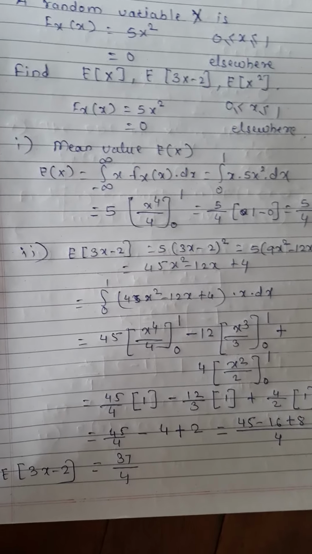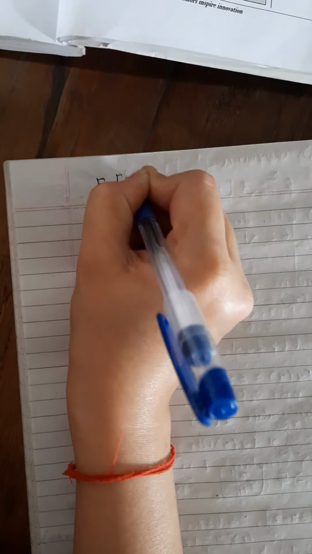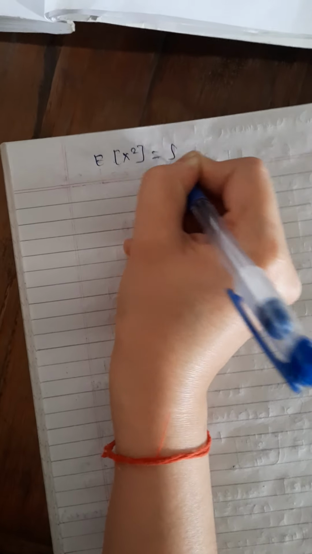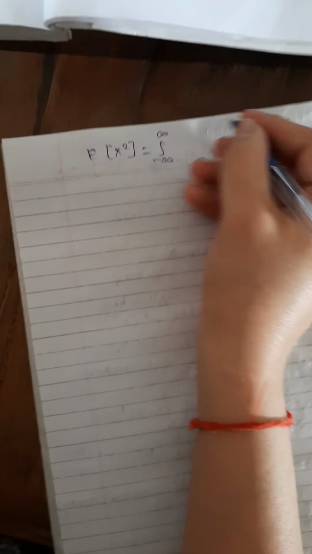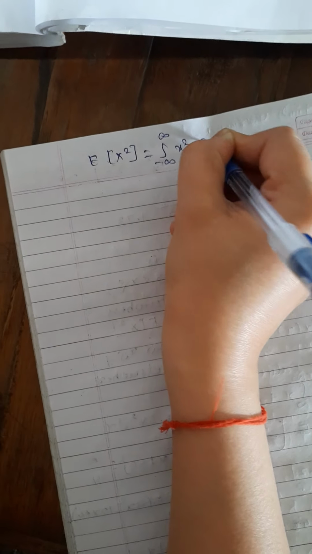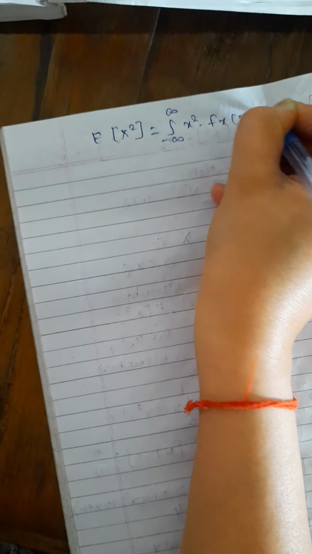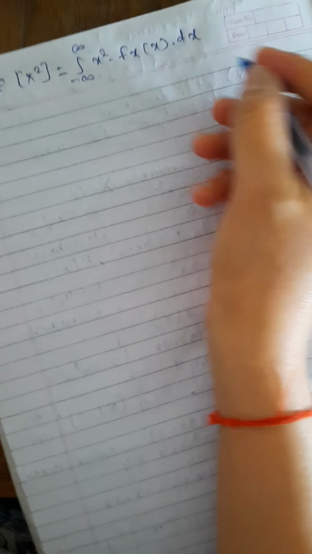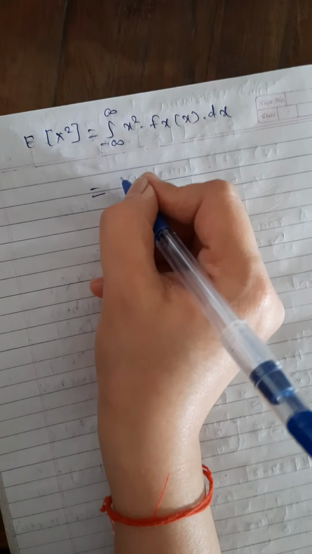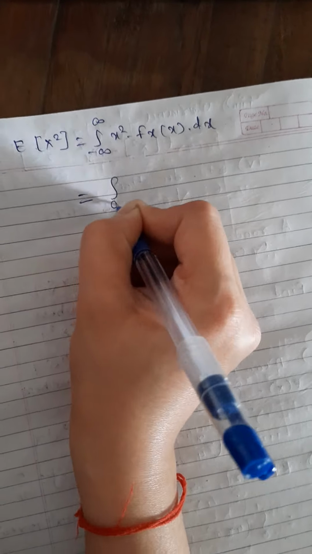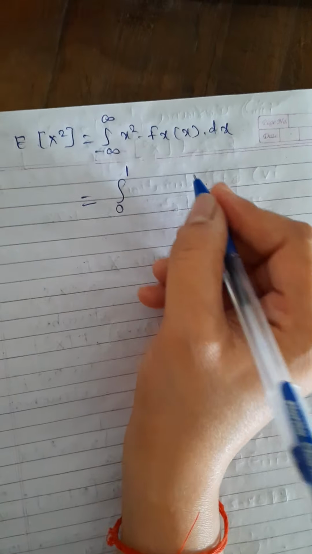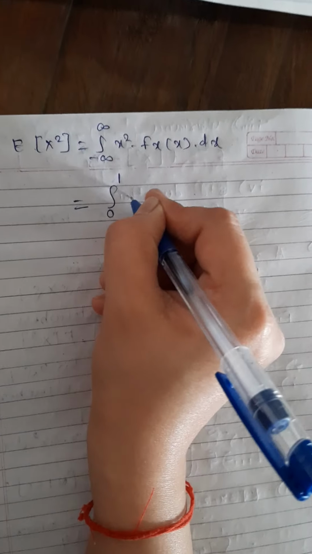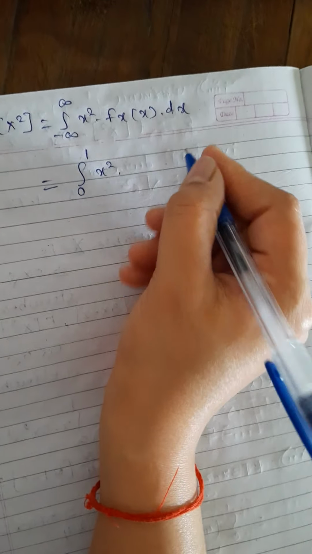Next we have to find E of x square. So E of x square is calculated as integration minus infinity to infinity x square fx of x into dx. So this is the standard equation. Now we have to substitute values here. Integration goes from 0 to 1. Limits are given. Now x square, what is fx of x?